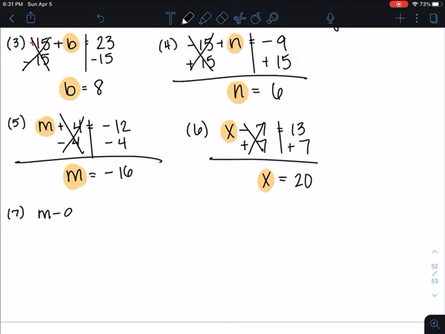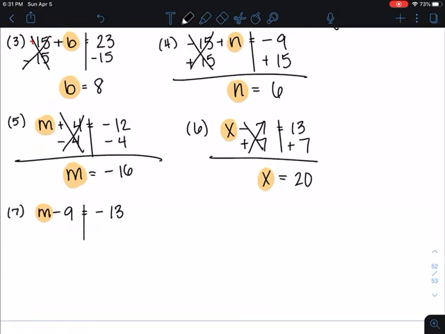Alrighty, number 7. I have m minus 9 is equal to negative 13. Our letter in this case, which is the variable, is m. I'm going to draw a small line down the equal sign. The opposite of subtracting 9 is adding 9.